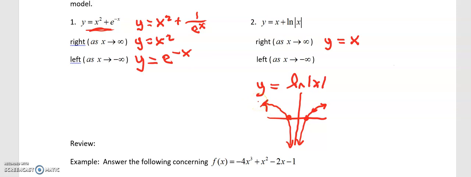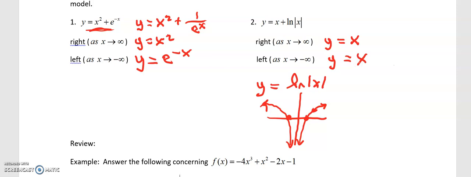And so if I take negative infinity and I start adding some of these smaller numbers to it, it's not going to change it that much. And so again, in this case, because the natural log of x as x goes to either plus or minus infinity really flattens out, it doesn't change large numbers very much. And so in this case, the left end behavior model is the same as the right.